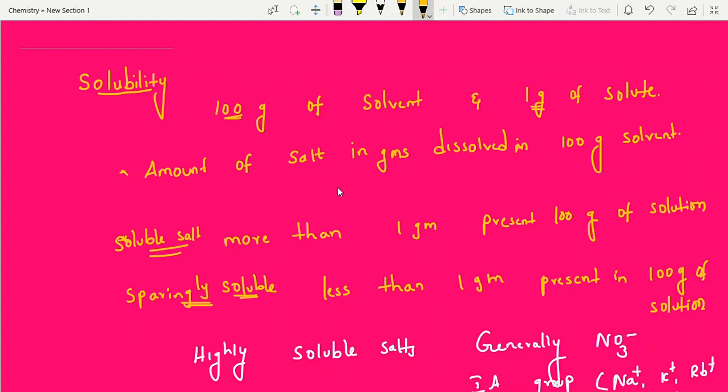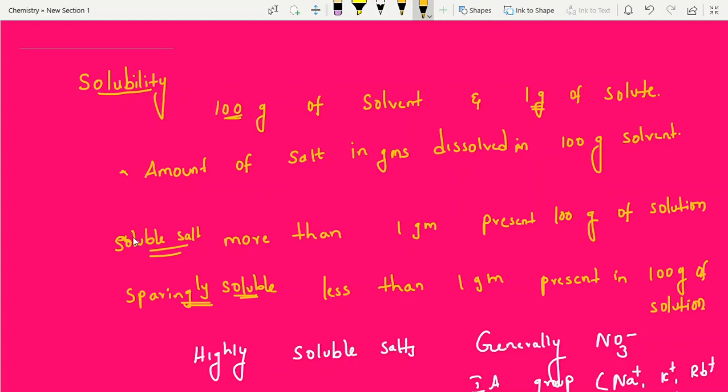Amount of salt in grams dissolved in 100 grams of solvent. So how much amount dissolved, that we can calculate as the amount of salt in grams dissolved in 100 grams of solvent. That is nothing but solubility. Okay, this is the basic definition.